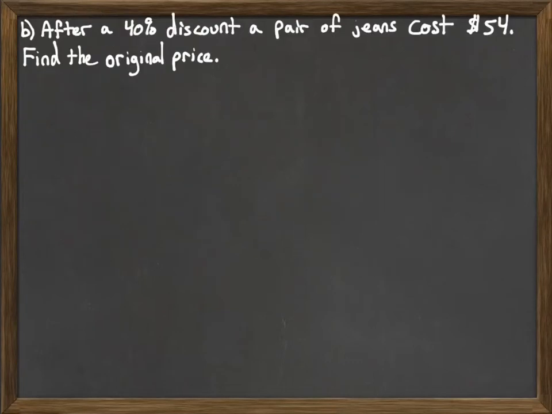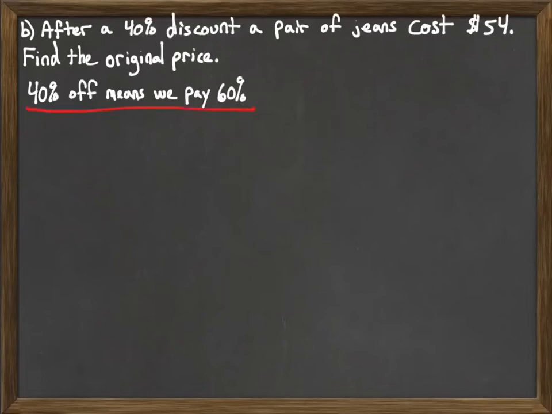The problem says after a 40% discount, a pair of jeans costs $54. We want to find the original price. So we know the new cost is $54, and that happened after a 40% discount. What we realize here is that 40% off means we pay 60%. That's really important here.